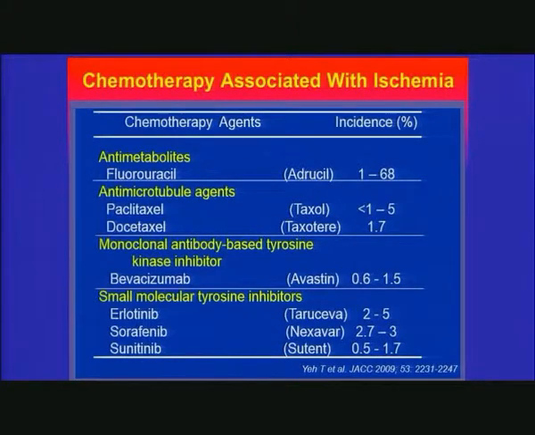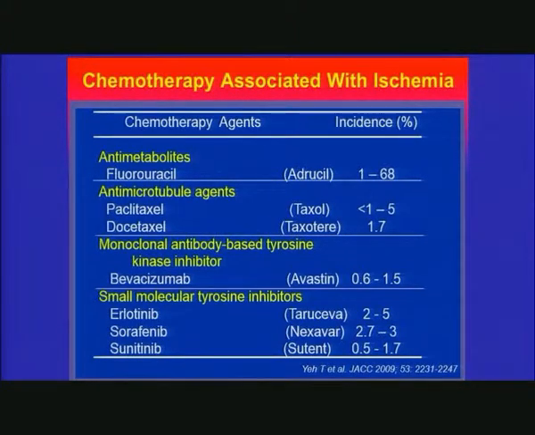So ischemia or LV dysfunction are common cardiac adverse effects of these anti-cancer drugs. This is chemotherapy associated with ischemia. This list shows that the antimetabolite fluorouracil, called 5-FU, is very popularly indicated for gastric cancer. Its incidence of ischemia is reported from 1 to 68%, depending on the report.